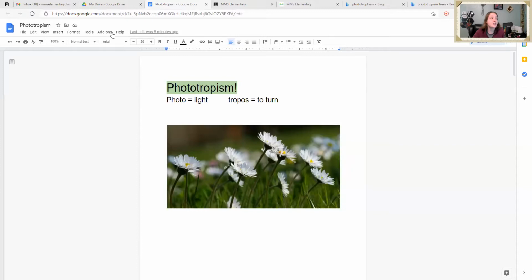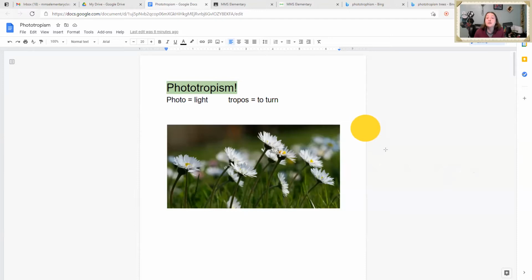There's my shared screen. This is a picture of some daisies. Next time we're at school together, or maybe in your yard if you have some, we can look at the daisies and see if we notice phototropism happening. In this picture, you can tell that the daisies are leaning towards the sun, which means the sun has to be over here.